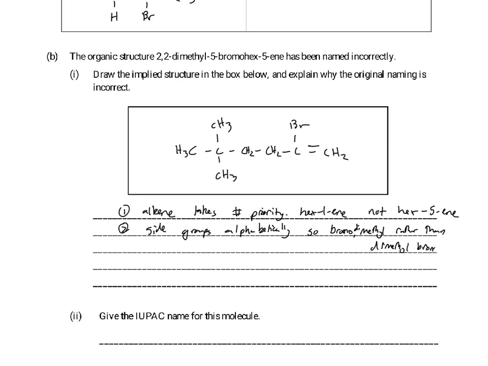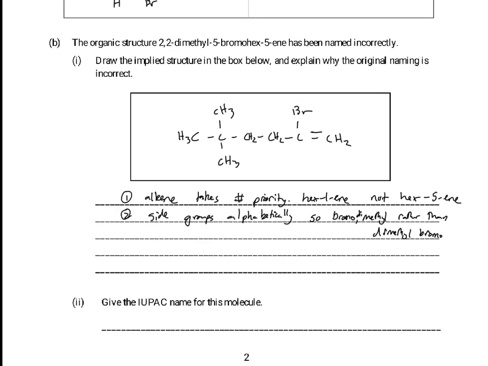So the thing that stopped most people getting the merit mark on this one is you didn't actually relate it to the example. You gave the statements of alkene takes priority or side groups alphabetically, but you then didn't link it specifically to the example in this particular question.